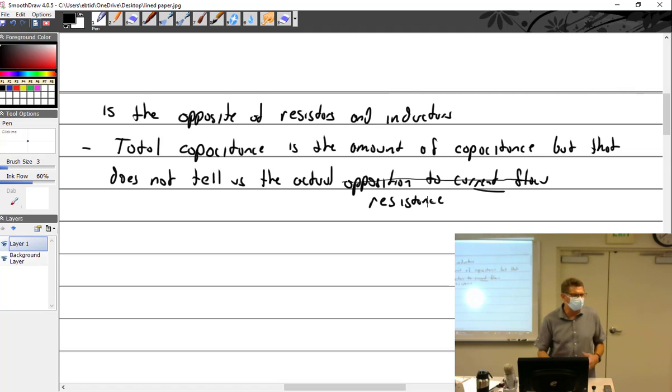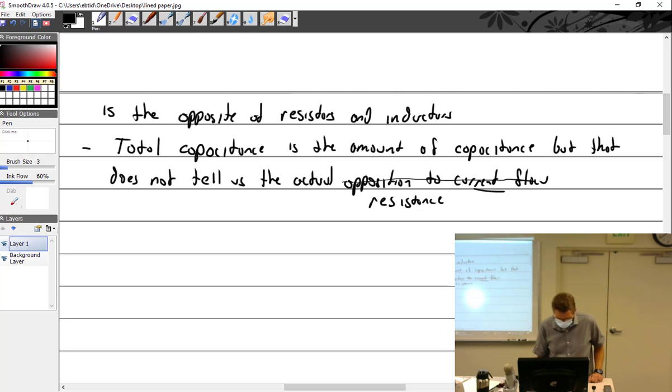Because it's going to act like a resistance, these capacitors, when we start playing with them, just like an inductor does. And the reason why, because you think about the inductor has counter EMF, well, there's no counter EMF here, but as they fill up, there's going to be this opposition to current flow. You can't have current flow once it's full, so you can go with that. But it is, in a sense, the opposite of an inductor.